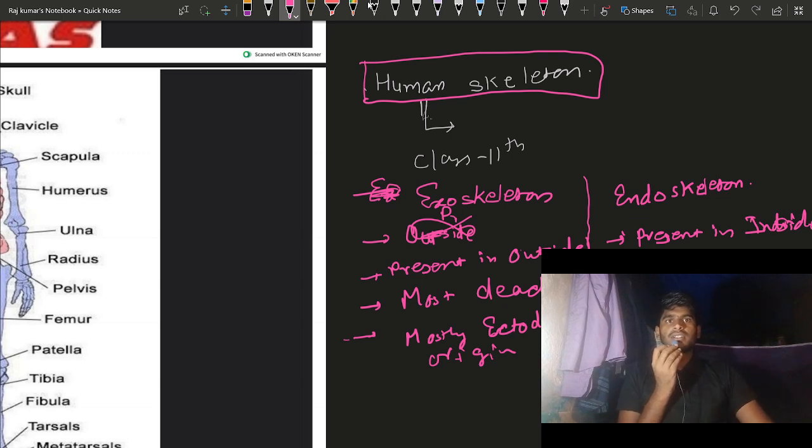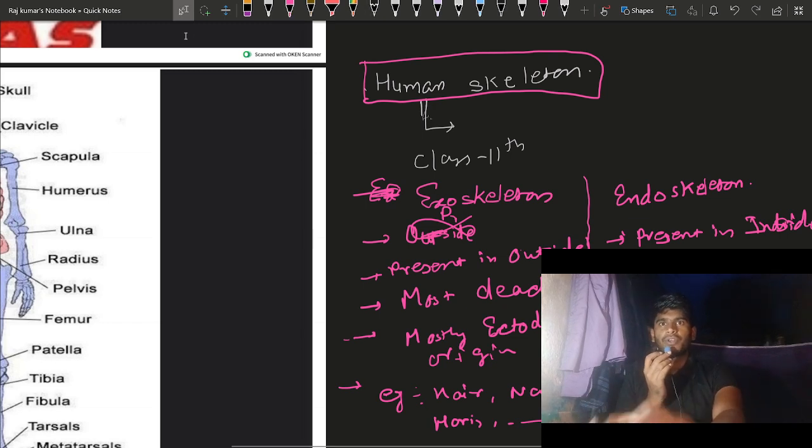Okay, so for examples, I write here hair, nail, and horn. And in this side, examples are the human skeleton, as we know. That's it. So before we start, I read some important points.